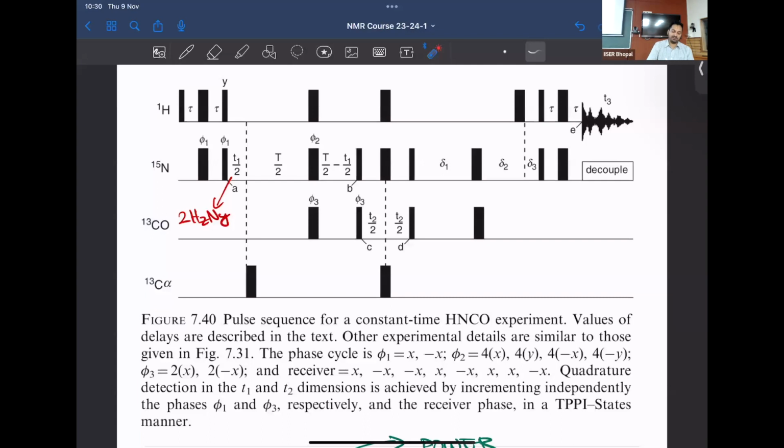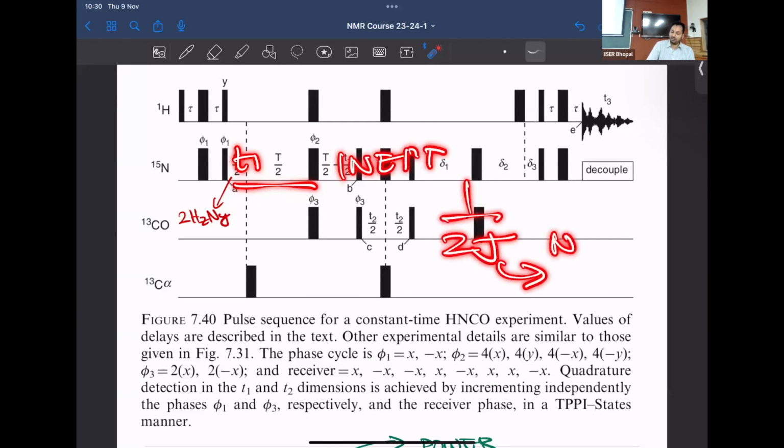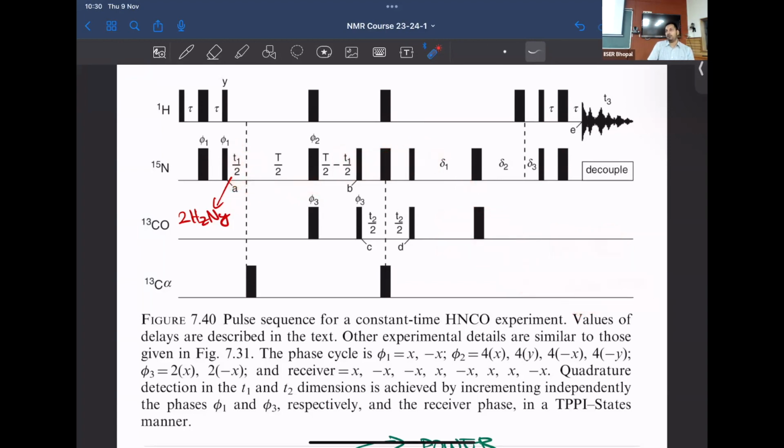What is happening when this pulse program is implemented that we are not accounting for? Relaxation. Excellent, relaxation, right? So if you did T1 time followed by the INEPT time, and INEPT time is going to be 1 over 2J. And we just saw yesterday for the NC couplings, at best it's 15 Hertz, right?